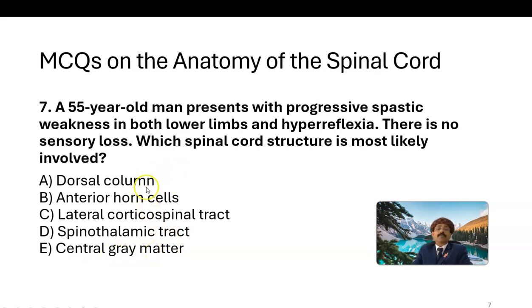The answer should be C, lateral corticospinal tract. We have spastic paralysis, weakness in the lower limb, and hyperreflexia, features of an upper motor neuron lesion. That is the lateral corticospinal tract.